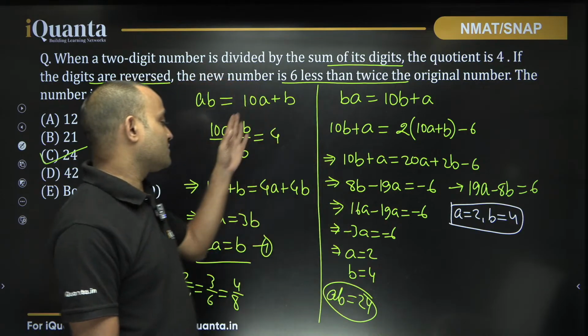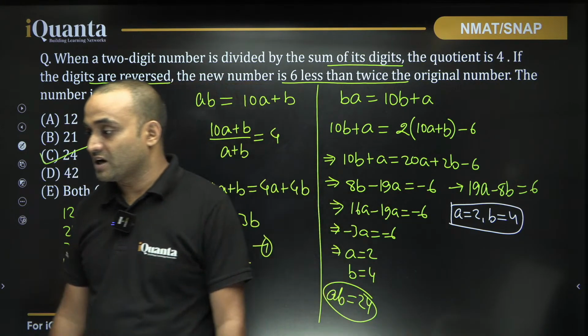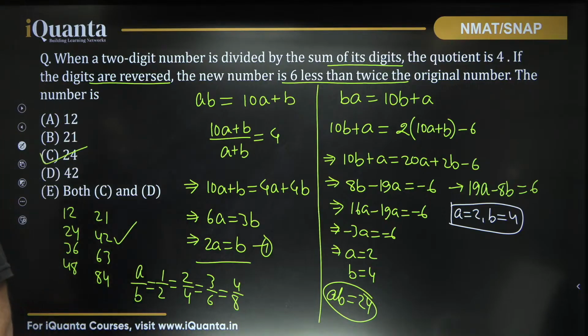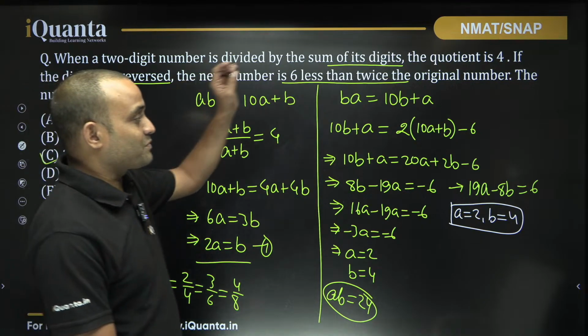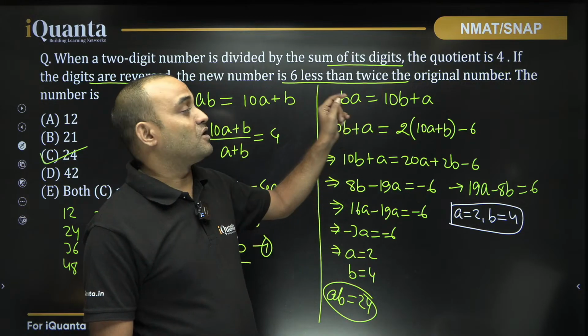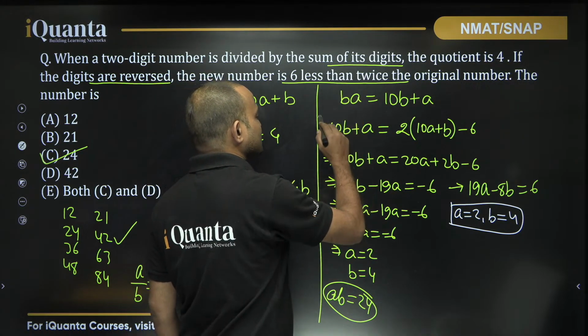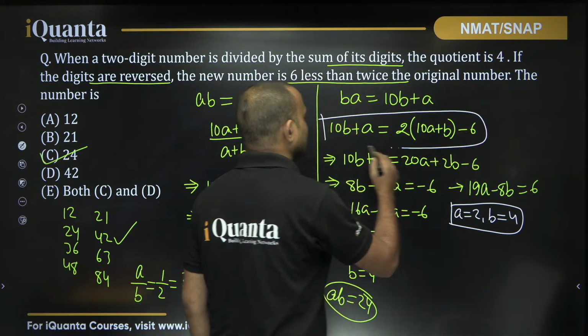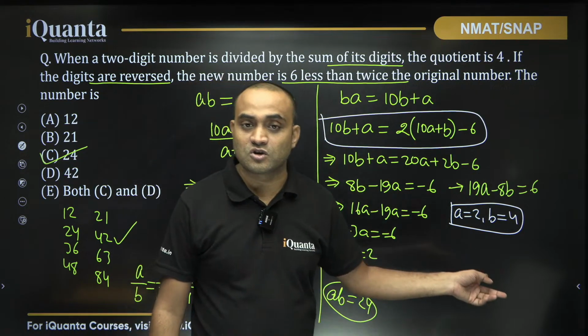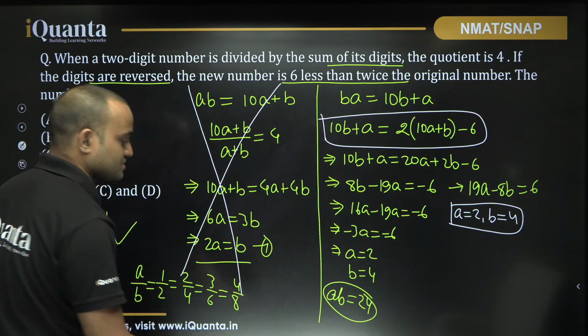So even if this information is not given, there is only one solution possible, which is 24, right Shreyans? So I accept that there is slightly incomplete information here, but about the remainder nothing is mentioned. But even if we use only this information, there is only one solution, and we are not required to use this even, right?